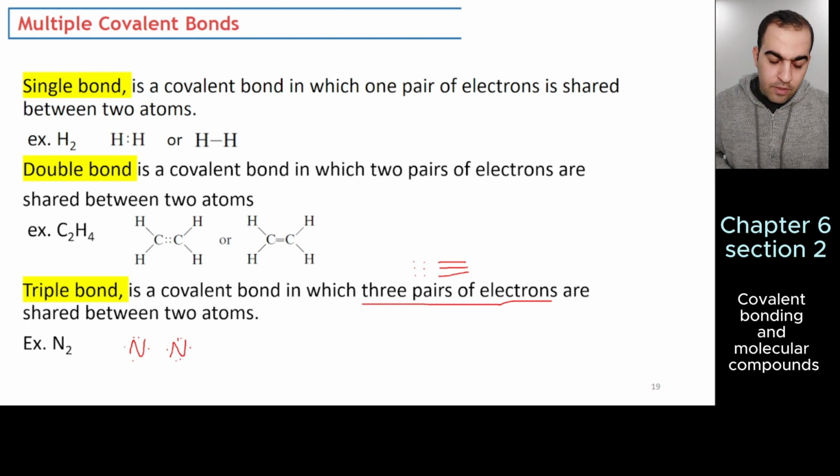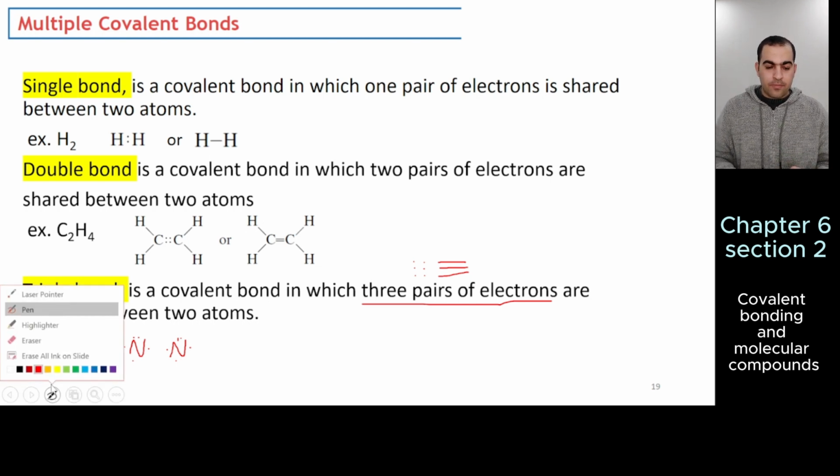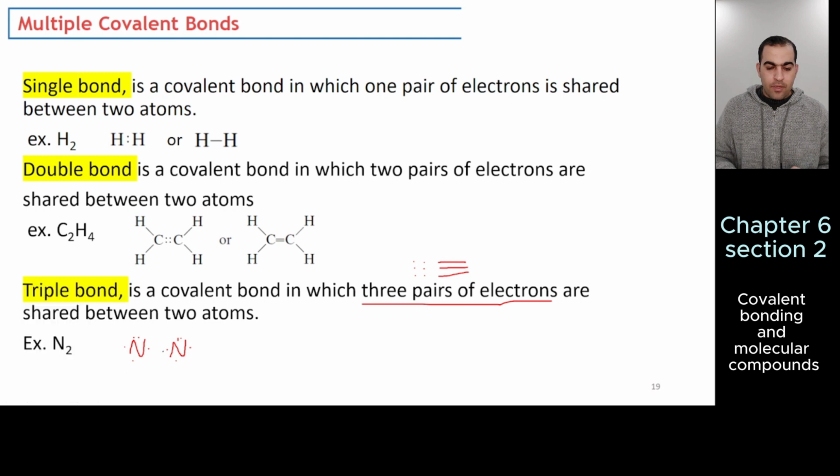They have 3 unpaired electrons, so they can make 3 bonds. The unpaired electrons get together to make bonds: these 2 make a bond, these 2 make a bond, and these 2 make a bond.